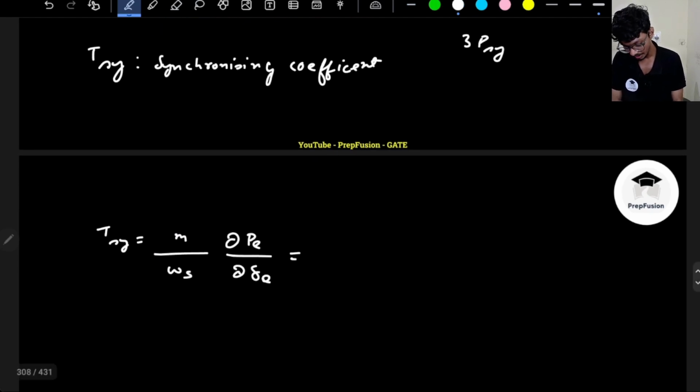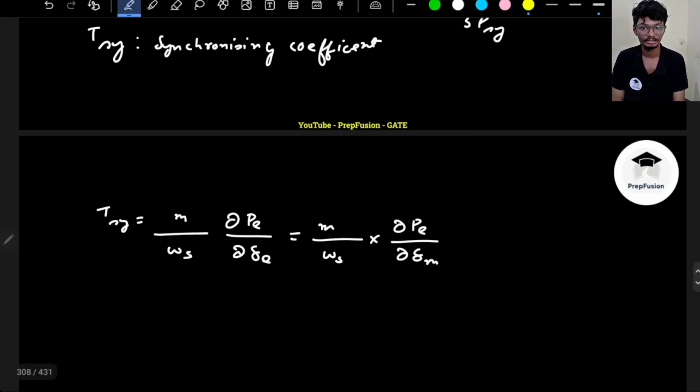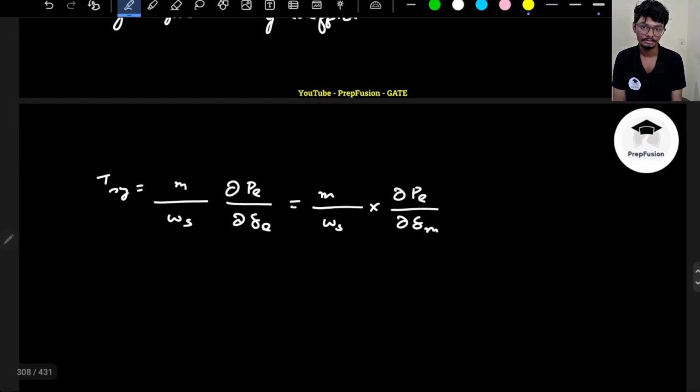And it will be equal to M by omega s into del PE by del delta M, if my delta M is in mechanical radians.